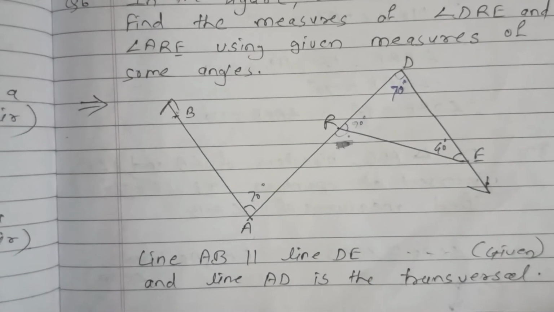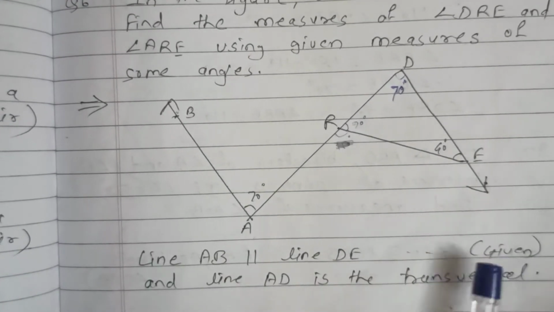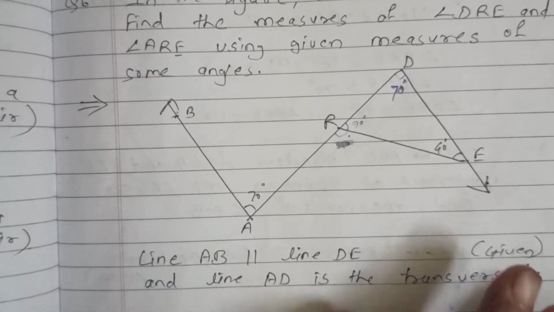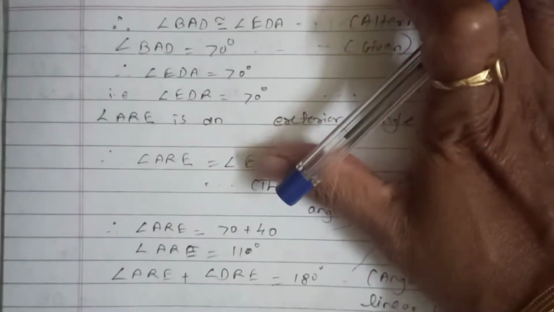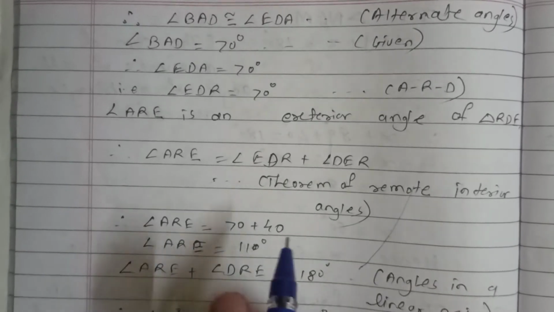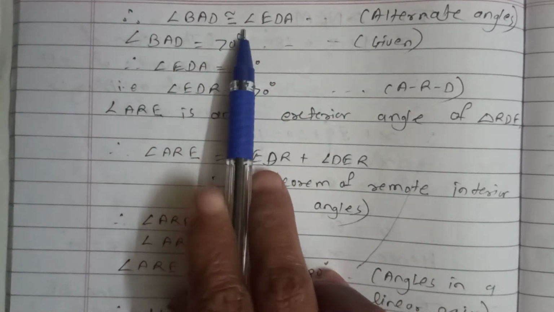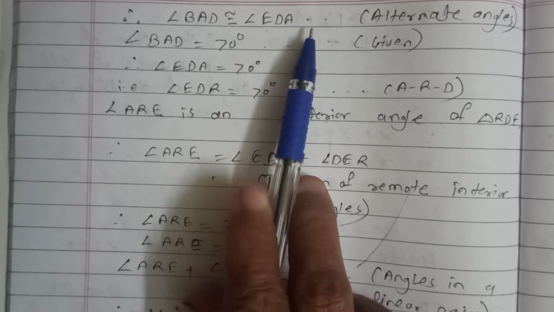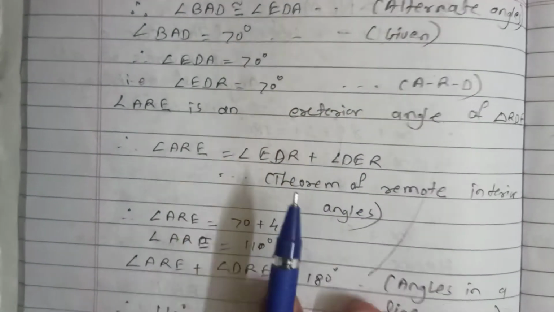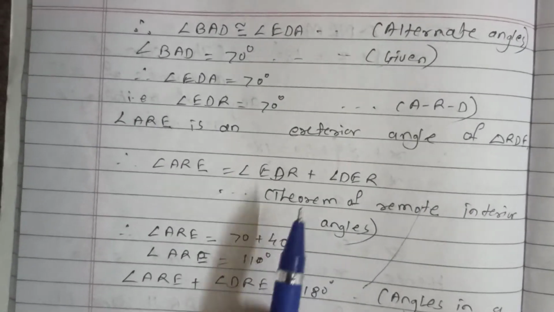Line AB is parallel to line DE, it is given, and line AD is the transversal. Therefore, angle BAD is congruent to angle EDA because they are alternate angles. We can see this in our figure also.